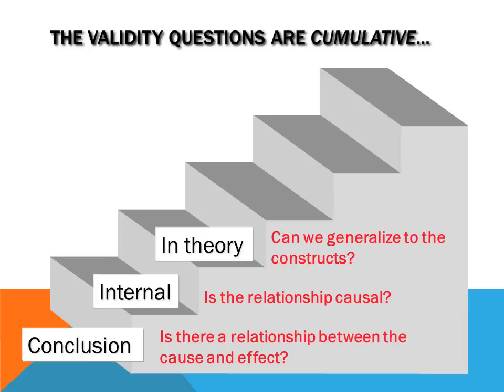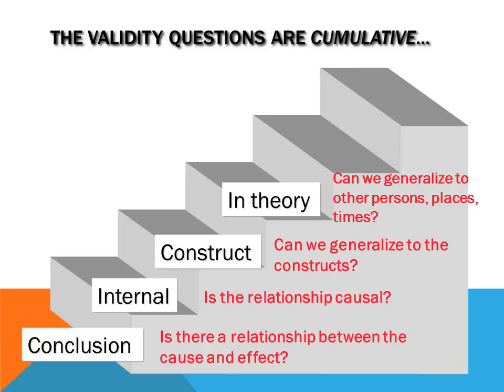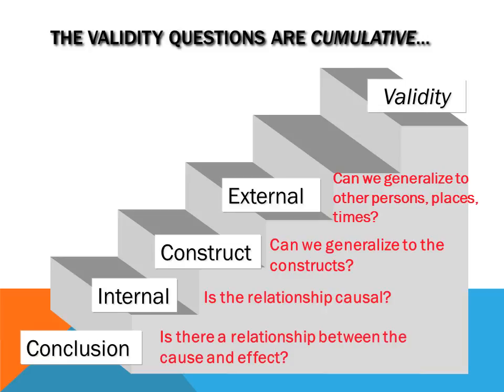The third is construct validity, which deals with the generalizability of the constructs. And the fourth is external validity, which deals with the generalizability of the findings. Thus, we have 4 types of validity: conclusion, internal, construct, and external, which cumulatively define the quality of a study.